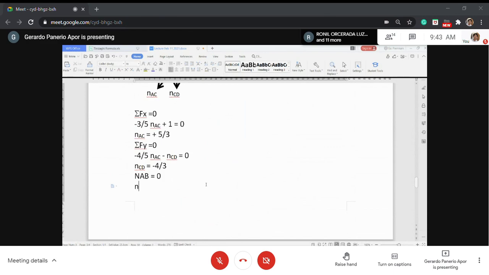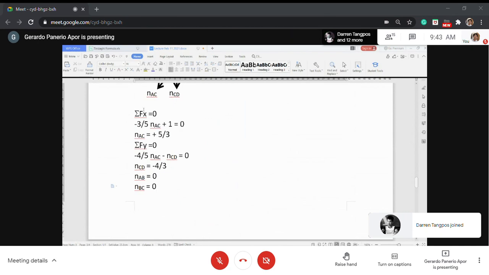We have also n_BC is equal to 0. Kini siya small letter n siya. Okay. And this one is a subscript. Subscript k. So we have this positive 5/3, we have negative 4/3, 0, 0.